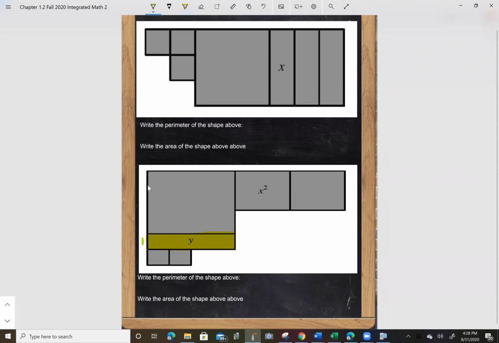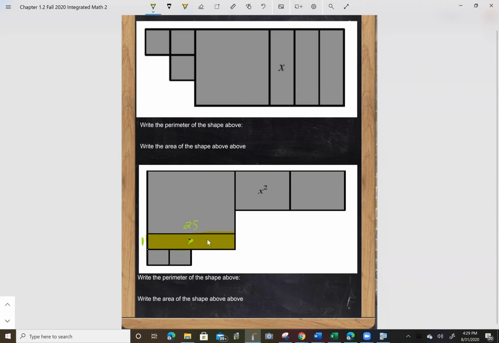What if that length right there wasn't y? What if it was 10? Okay, then instead of being y, the area would be 1 times 10, and it would be 10. What if it was 25, right?